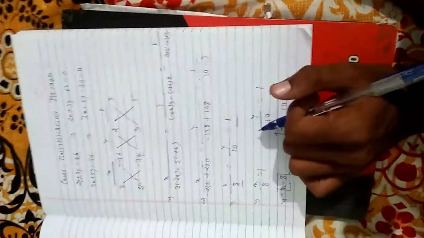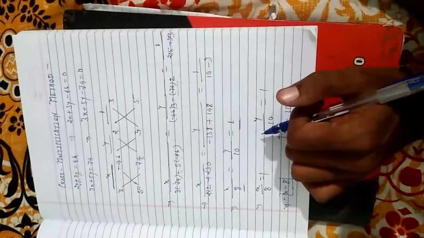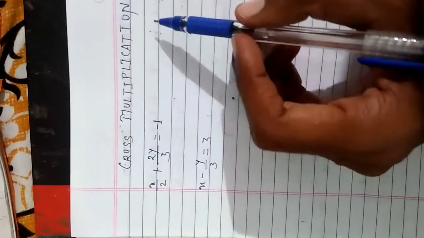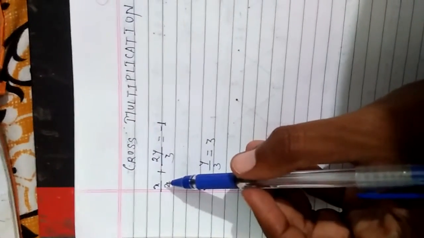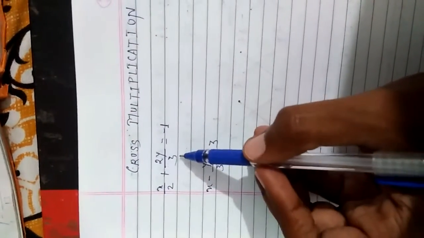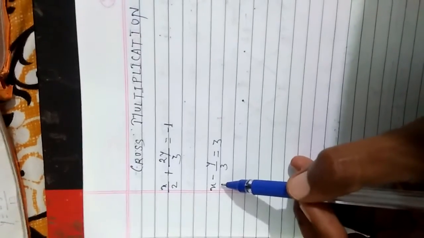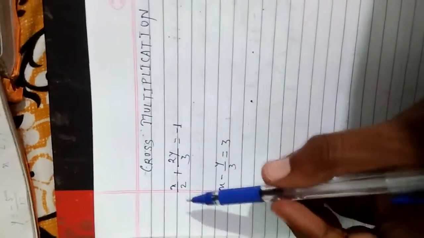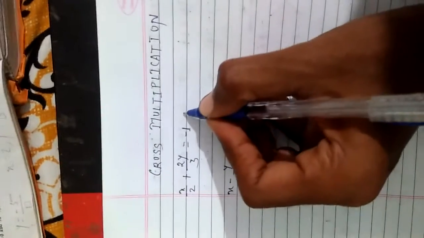Okay, let me take another question based on the cross multiplication method. The equations are x by 2 plus 2y by 3 equals minus 1, and x minus y by 3 equals 3. First we have to simplify the equation.